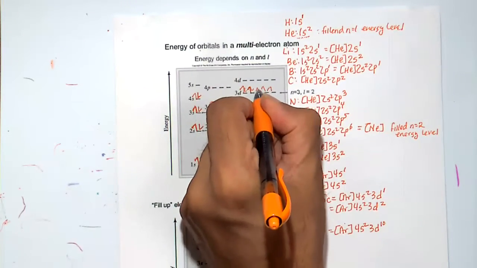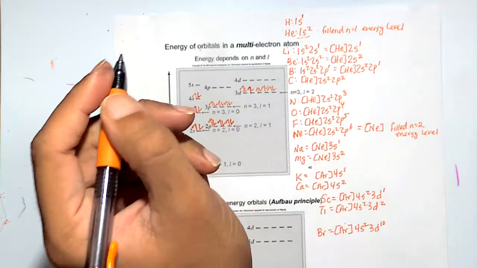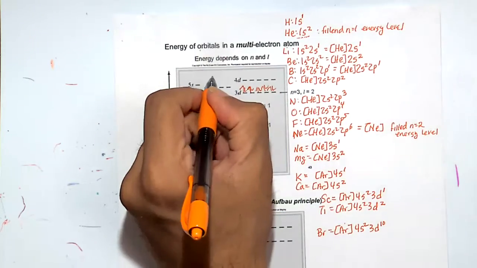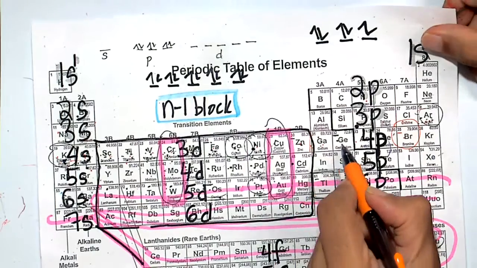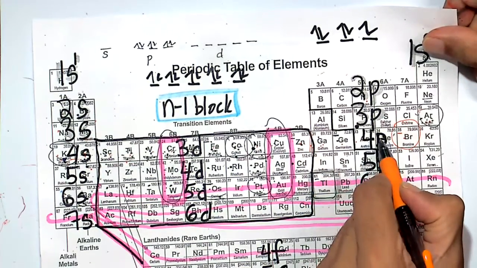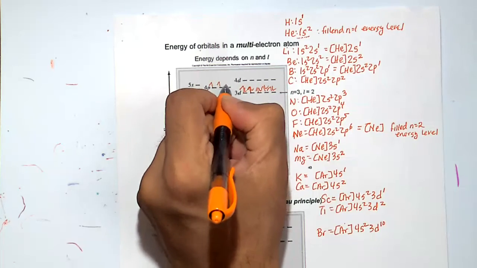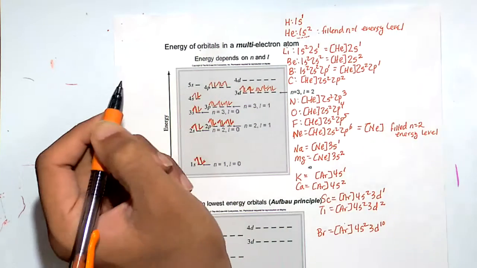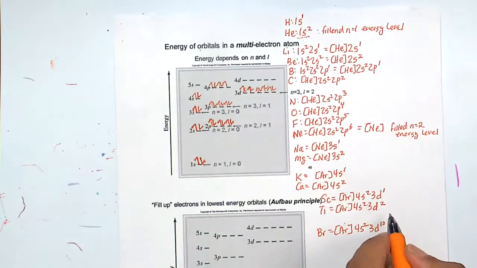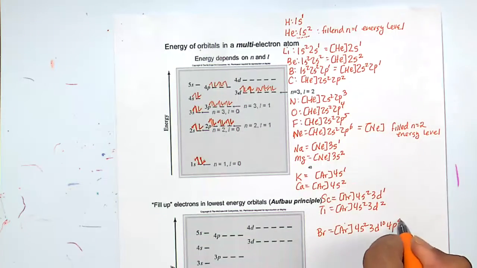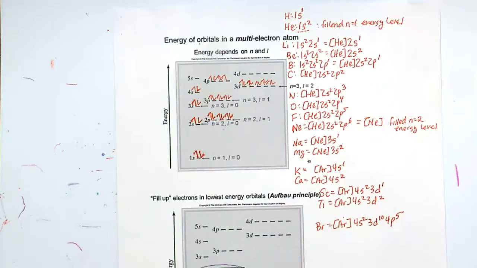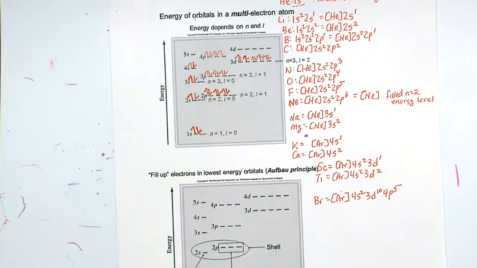What's the order? Electrons go marching in, hurrah, hurrah. 4p1, 4p2, 4p3, 4p4, 4p5. So it's going to be 4s2, 3d10, 4p5. That would be the electron configuration of bromine.